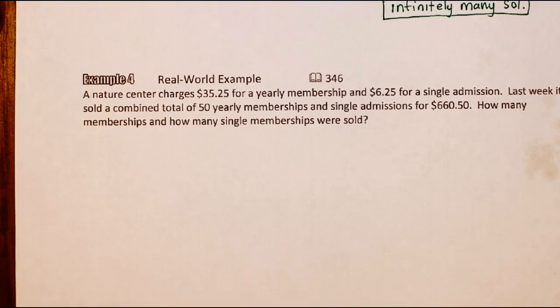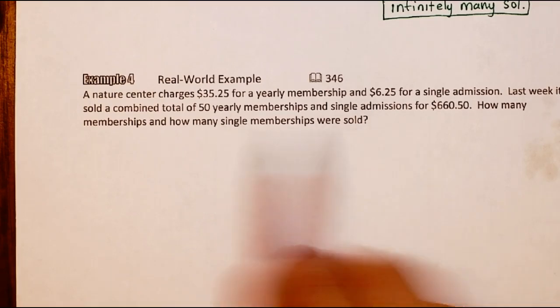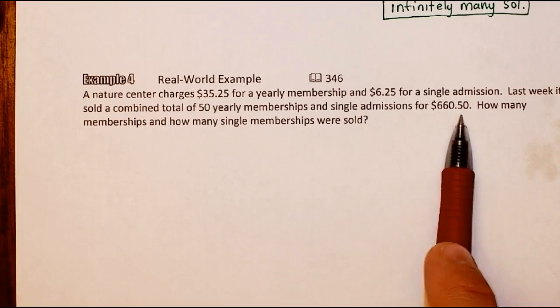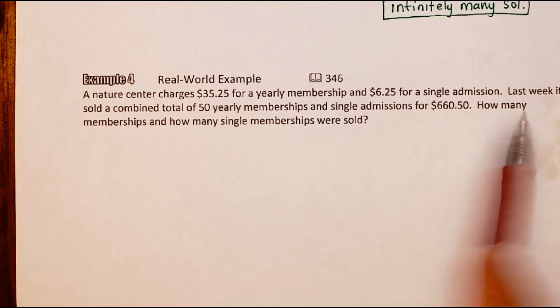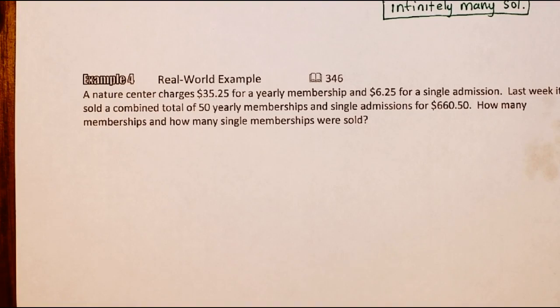Last week it sold a combined total of 50 yearly memberships and single admissions. So 50 total, it doesn't tell us how many of each. That's for us to figure out. When they sold these 50 memberships and single admissions, it was a total of $660.50. So our question is, how many memberships and how many single admissions were sold?